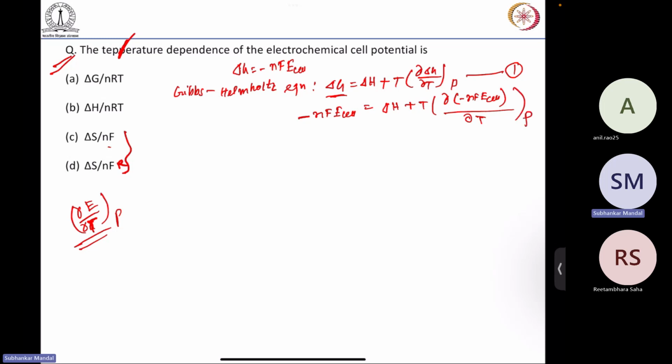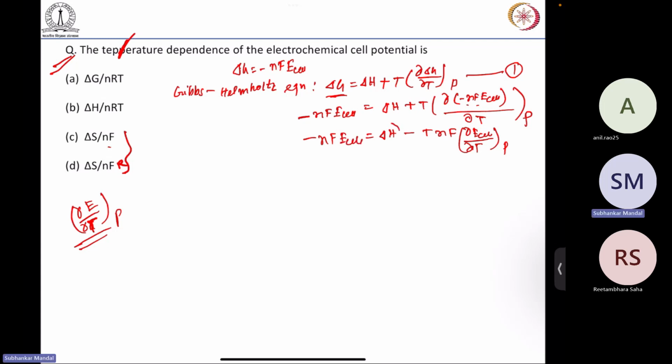Now in this equation, N and F are constant, so they can come out of the derivative. So del H minus T NF delta E cell by delta T at constant P, and this is NF E cell.